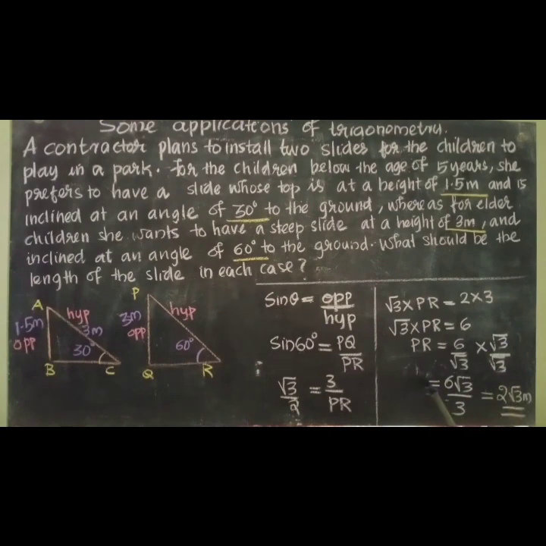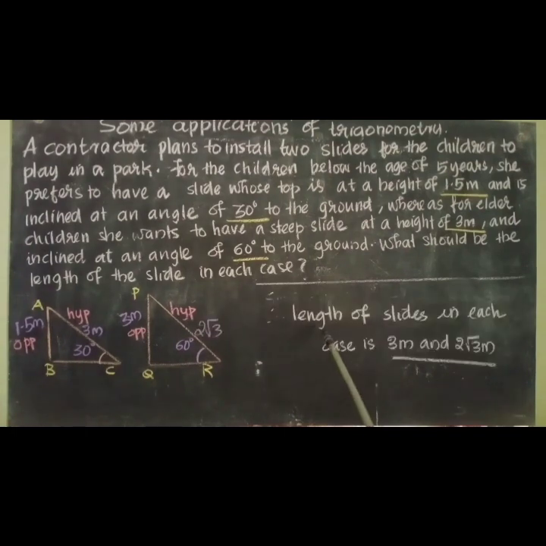So we get 6 root 3 by 3. Now we can cancel this 6 and 3. We get 2 root 3 meter. Therefore, length of slides in each case is 3 meter and 2 root 3 meter.